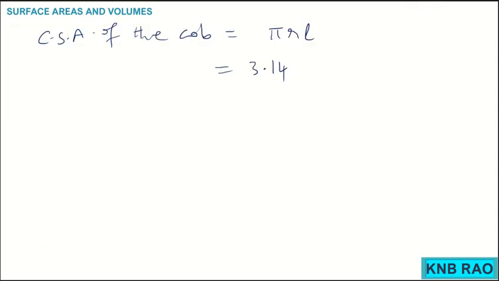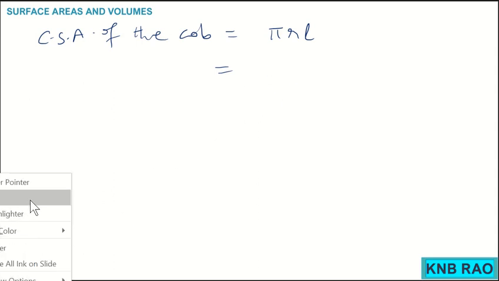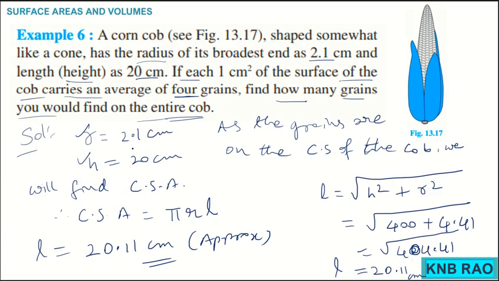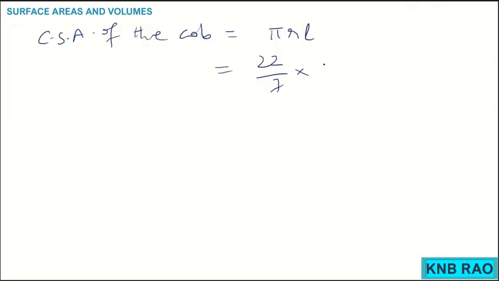Let me use 22/7 only. So 22/7, r value given as 2.1 centimeter and l value which we found, 20.11.